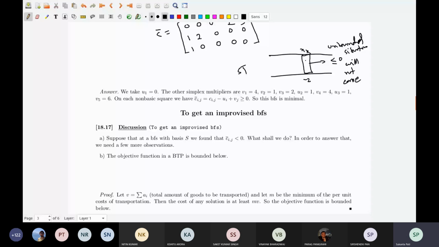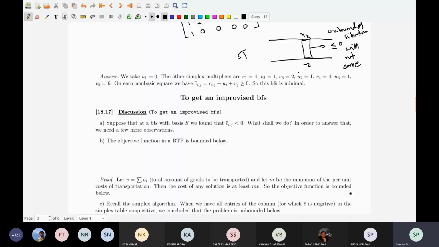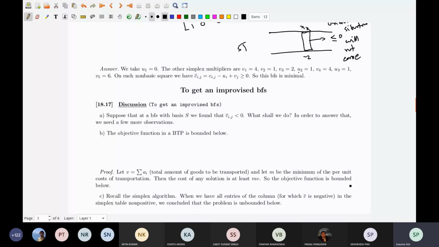That means you are going to get an outgoing variable. So the moment C bar has negative entries, that is your incoming variable, and you will always find an outgoing variable.